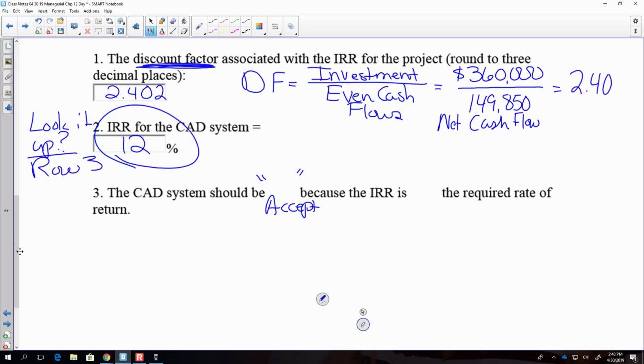Because the internal rate of return is greater than the required rate of return of 10%. The 12% is greater than the required rate of return of 10. You will be asked that question a lot on Thursday as to whether you accept or reject a project. Any questions at home on that? Acceptance or rejection?